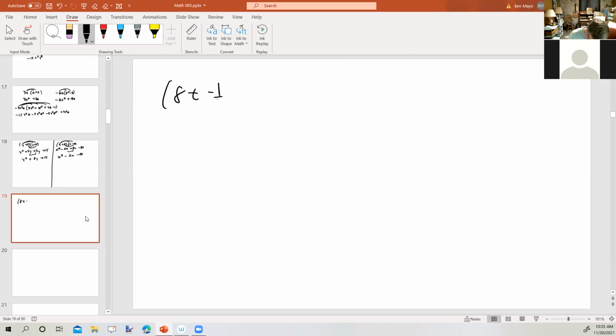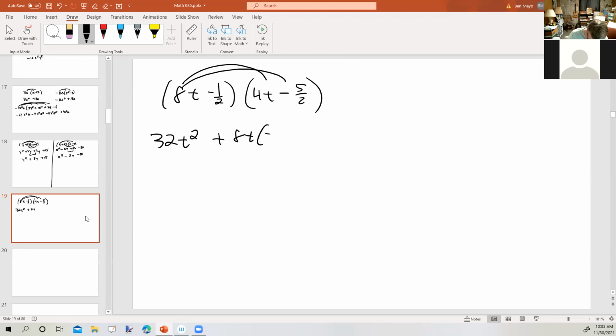Or how about one with fractions? 8t minus 1/2 times 4t minus 5/2. 8t times 4t is 32t squared. 8t times minus 5/2, we'll write plus 8t times minus 5/2, and we'll come back to that in a minute. And then minus 1/2 times 4t, and then minus 1/2 times minus 5/2.